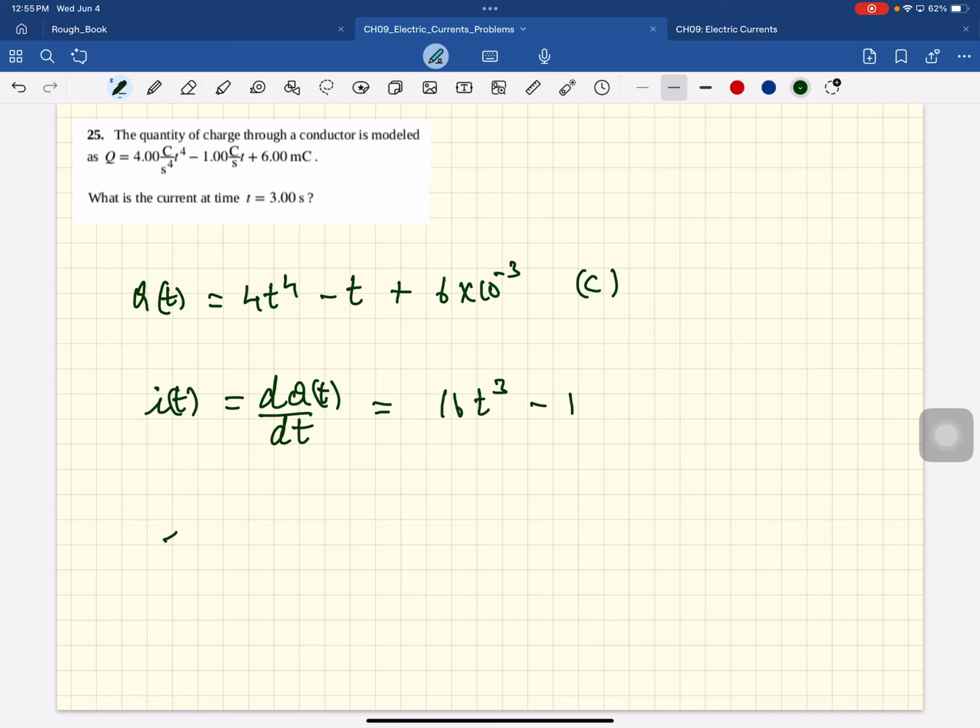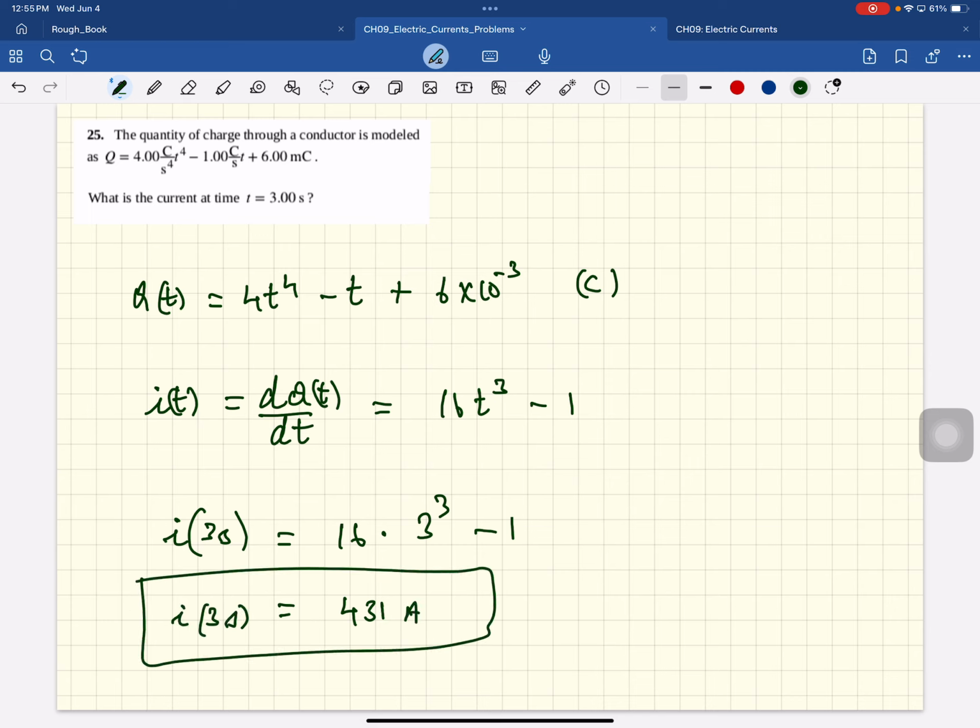Okay, so we want to find the current at 3 seconds. That's 27 times 16. So 431 amps.